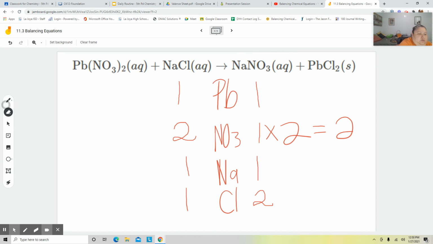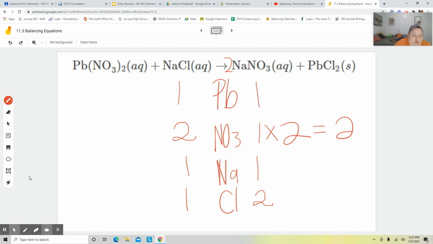So where is nitrate? Is it the first one or the second one? The first one. So that's where I'm going to put my 2. And remember, it's not because of the 2 that equals, it's because of the 2 that I multiplied by. Okay?